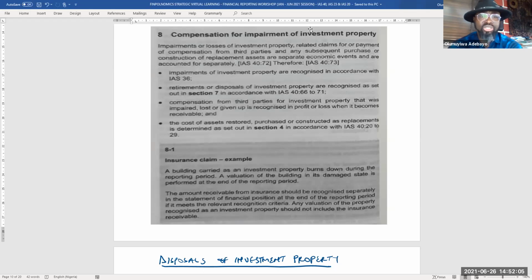And any compensation you expect from a third party for such investment property that has been impaired, lost, or given up shall be recognized in profit when the compensation is receivable or due from the other party, which means the same way we recognize property under IAS 16 is the same fashion in which we would recognize investment property in IAS 40.